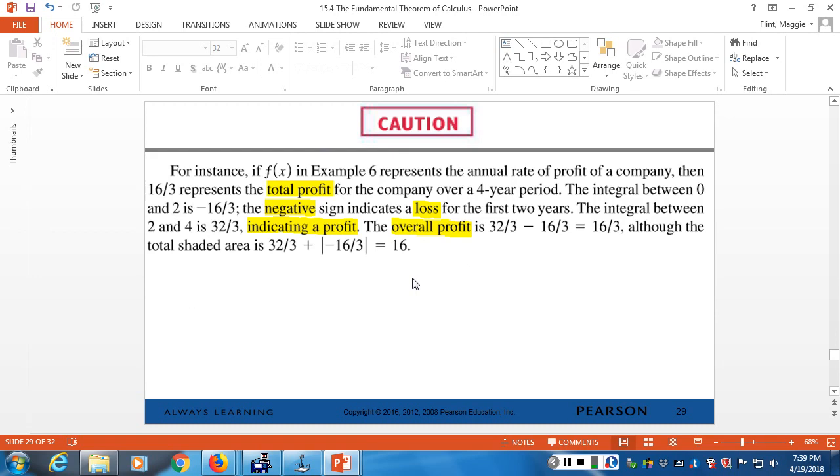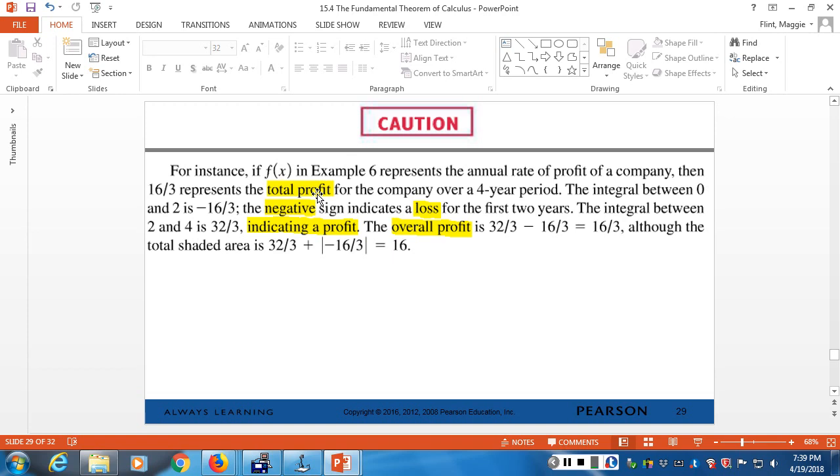And the more important thing to remember, too, is if it is really an application problem, for example, let's suppose that function we just looked at represents the annual rate of profit for a company, where their profit's increasing and decreasing. Then 16 represents the total profit for the company over the whole 4-year period.